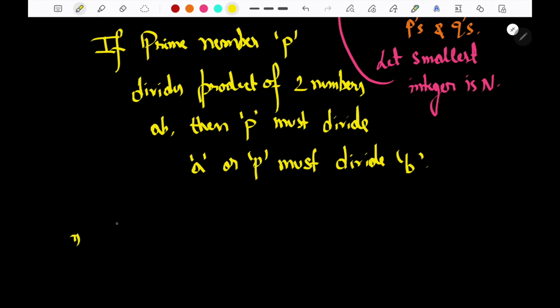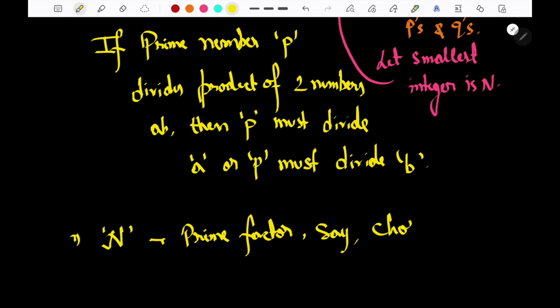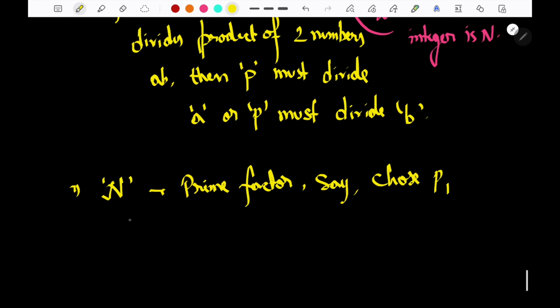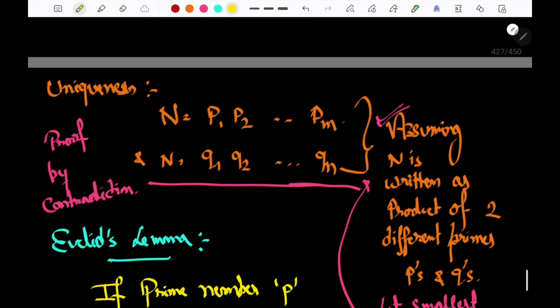So here we are saying, let's say n was written with prime factors, choose p1. Also n equals q1, q2 up to qm. Oh, one was m, another was n.